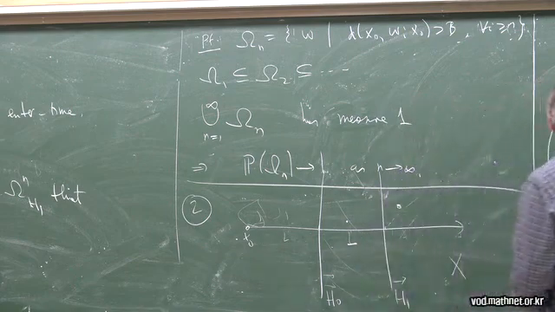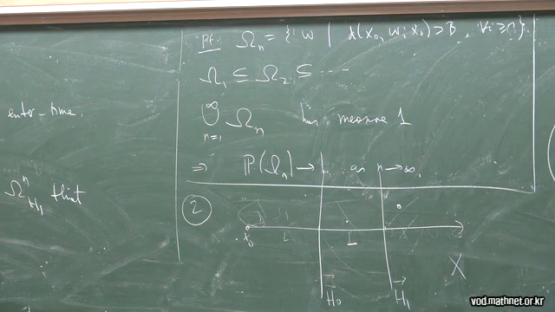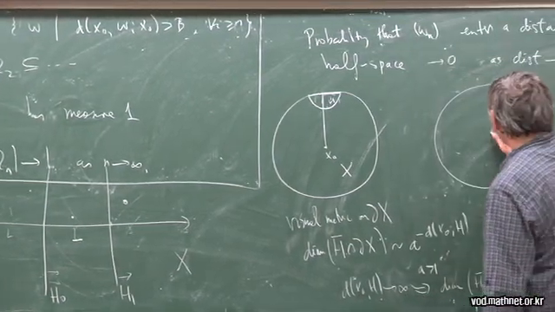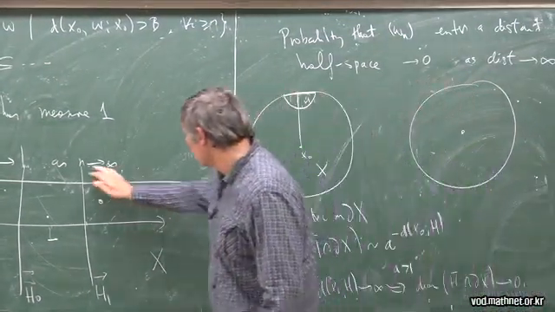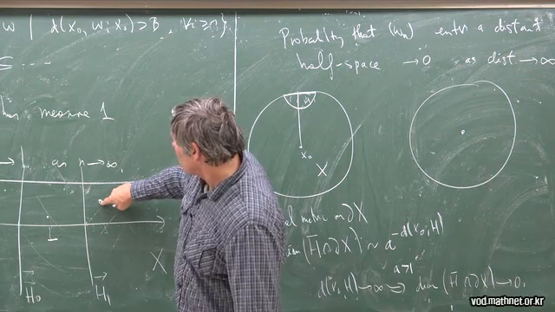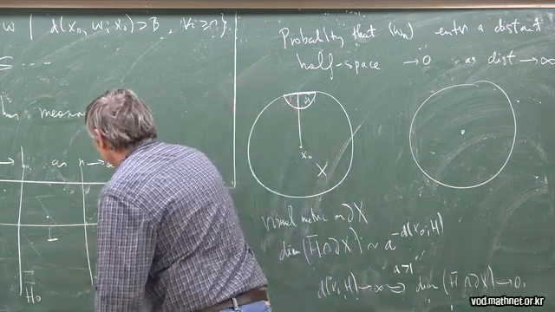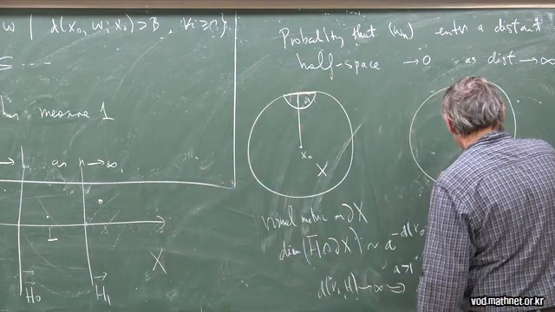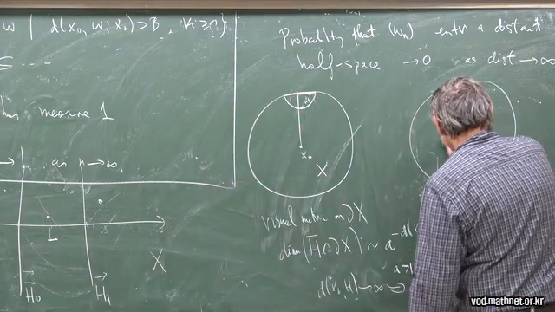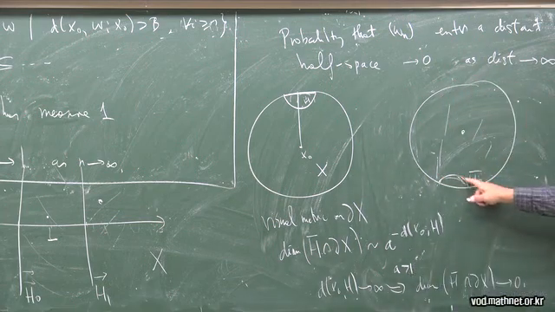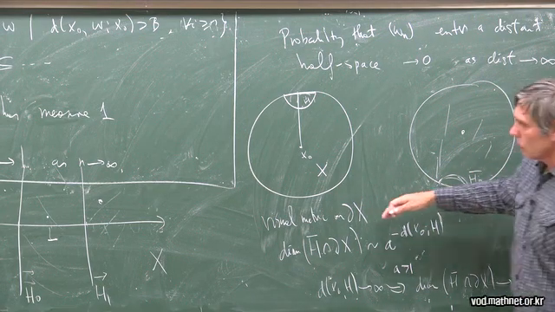So maybe I'll draw the picture more suggestively like this. Here I am. Maybe I'll draw it in the middle. I'm going to apply some isometry so that the place where I am is in the middle. And then h0 bar is like this, a distant boundary.